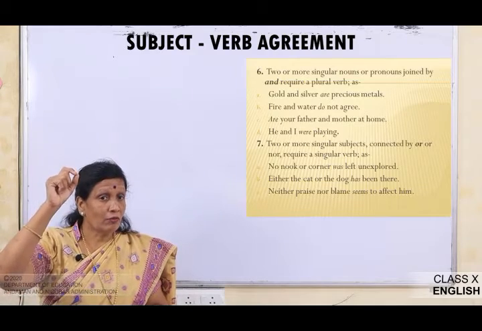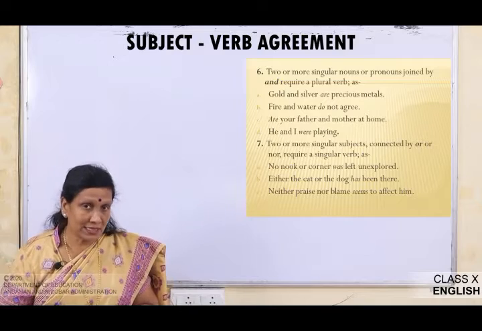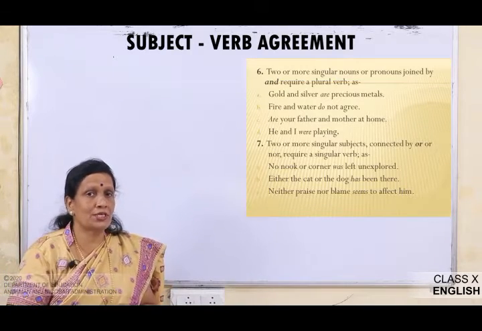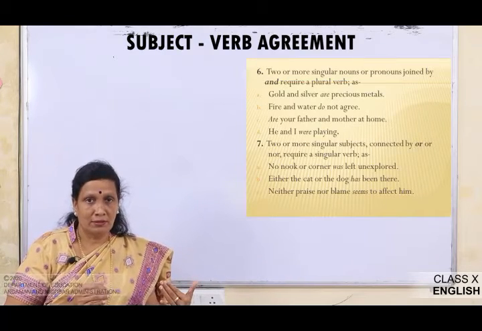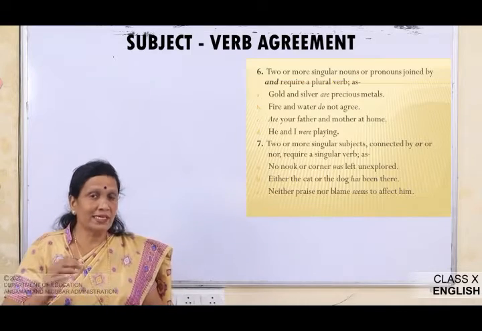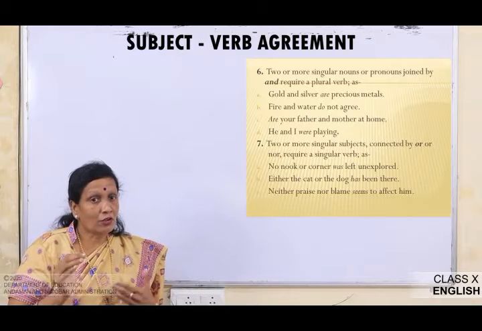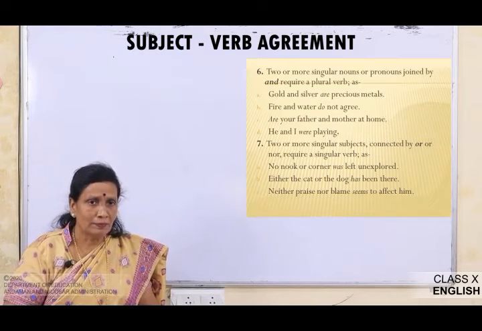That is why gold and silver are precious metals. We do not say gold and silver is precious metal. Fire and water do not agree. We do not say does not agree. We say do not agree. And are your father and mother at home? We do not say is your father and mother at home.